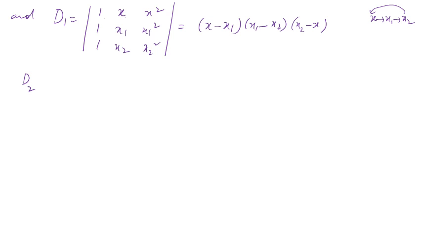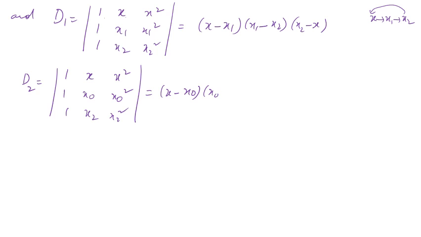And d2 is 1, x, x square; 1, x0, x0 square; 1, x2, x2 square. Same logic here also. After expanding and simplifying, I am getting x minus x0, x0 minus x2 and x2 minus x. The order is x, next x0, next x2, next x.